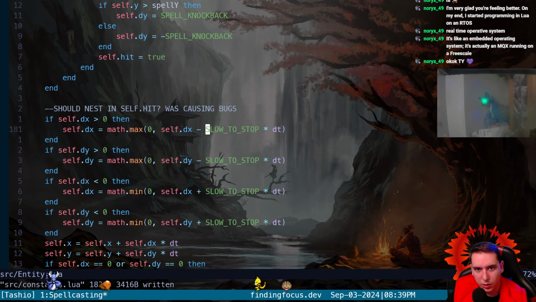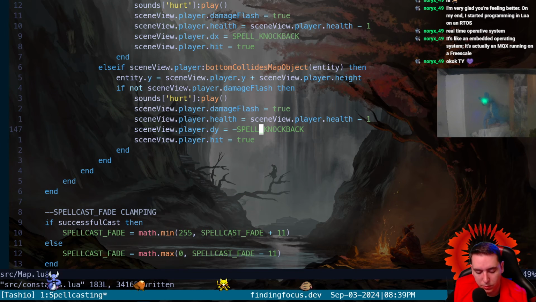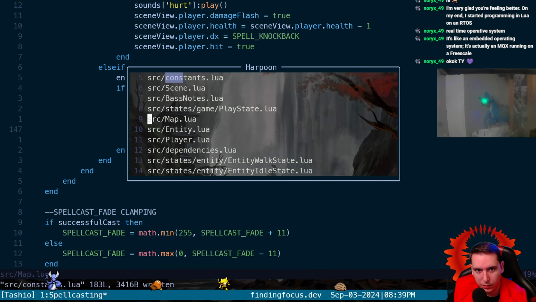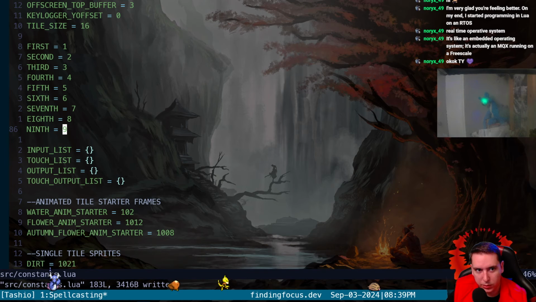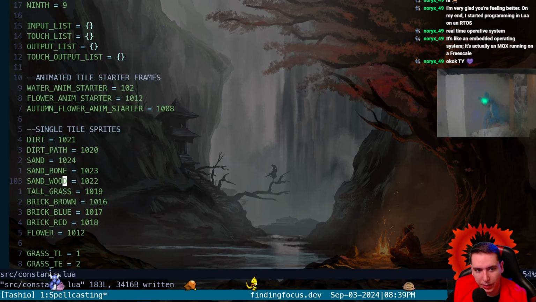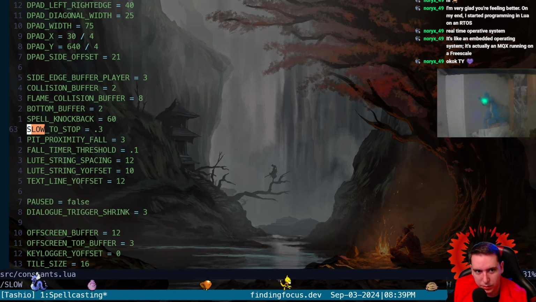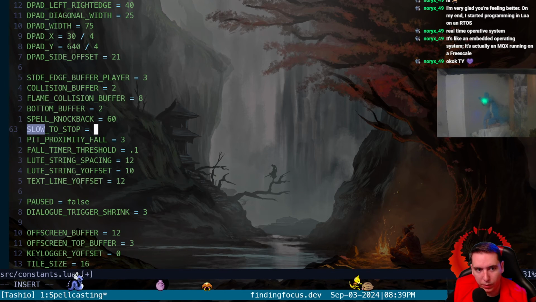Okay, we want to slow faster, so we do have to increment this value slow to stop. It's not the seconds in which it takes to slow to stop, it's the value that we're modifying our dx by before it becomes zero.